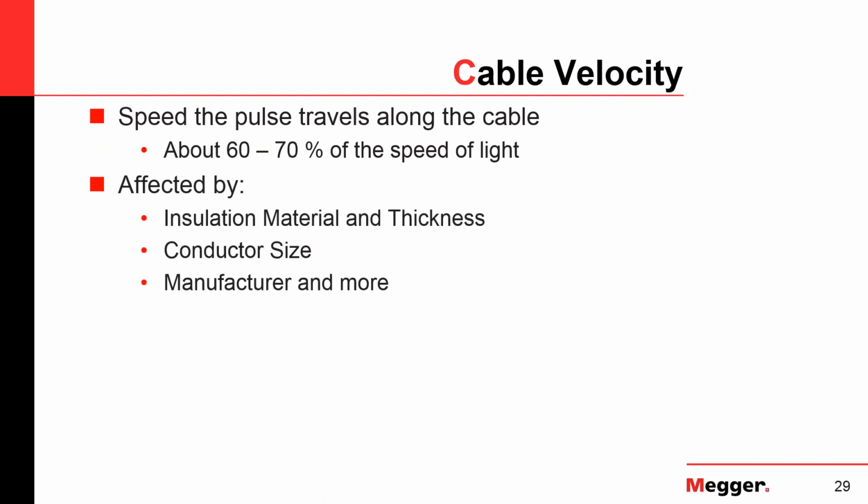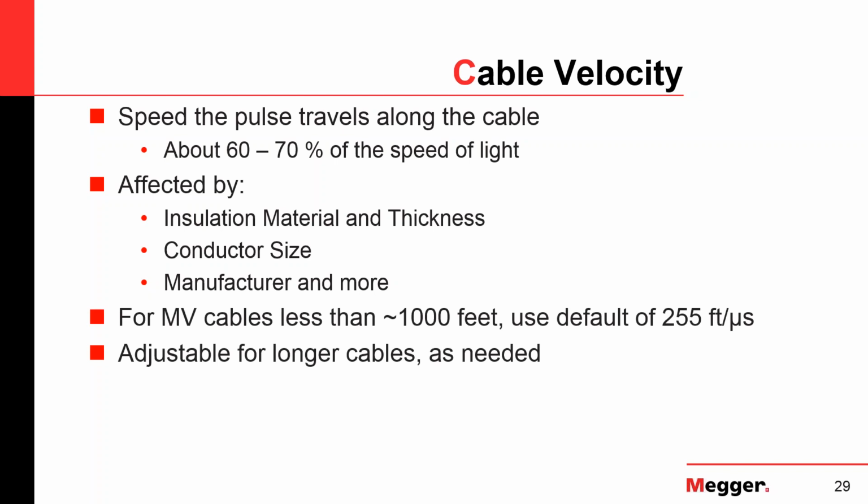The velocity is mainly affected by the insulation material, and also by other parameters, for instance the conductor size, because that all affects the geometry. For medium voltage cables, 255 is a good starting point, unless you know otherwise. If you actually know you have a certain type of cable in there and you have manufacturer information, you obviously dial in whatever the manufacturer rates its own cable.